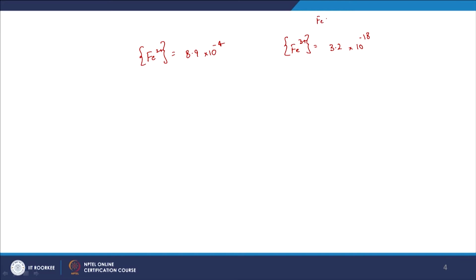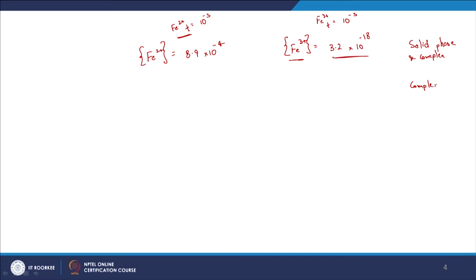The Fe3+ total was 10^-3, and Fe2+ total we plugged in was 10^-3 too. So you see that the free metal concentration is more or less similar to what we plugged in with respect to Fe2+, but with respect to Fe3+, when we consider the solid phase and complexes, we see that it's much lower.